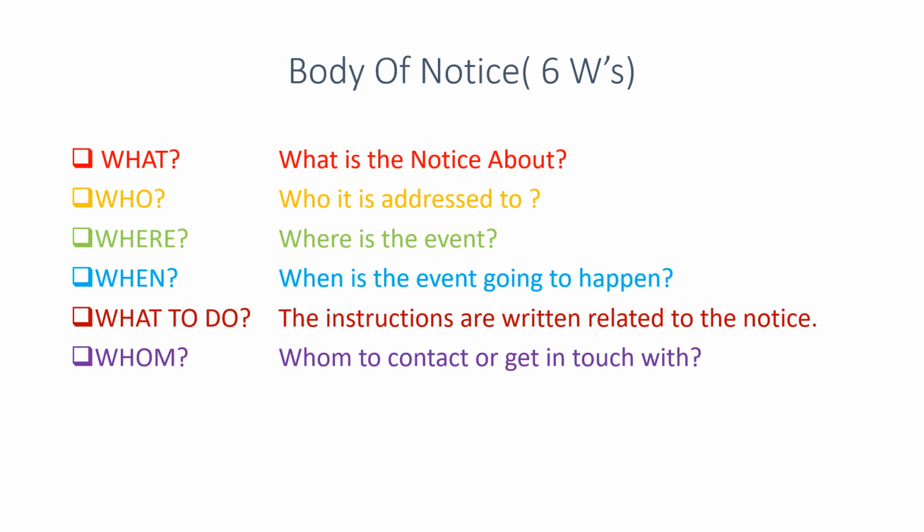Fifth one is what to do. Here the instructions related to the notice are written. Now the sixth one is whom. The final detail should be whom to contact or get in touch with. This mentions the appropriate authority to contact. So these are the 6 points that must be present while writing any notice.